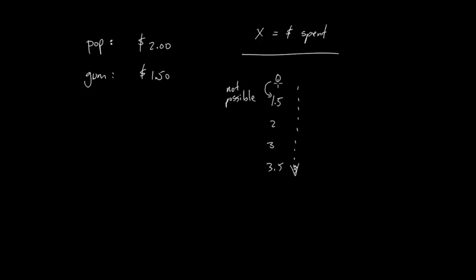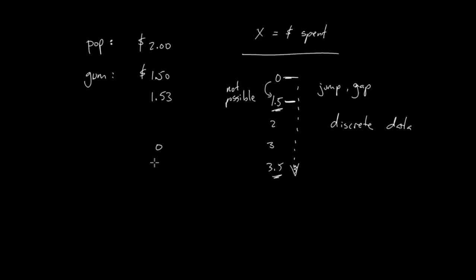And so if I'm not able to be between 0 and 1.5, that means that I have, like I was saying, a jump or a gap between my possible answers. As soon as you see that you've got this sort of a setup, that means that I have discrete data. But in this case, you can clearly see that there are decimals. It could have been that gum cost, instead of $1.50, maybe $1.53.